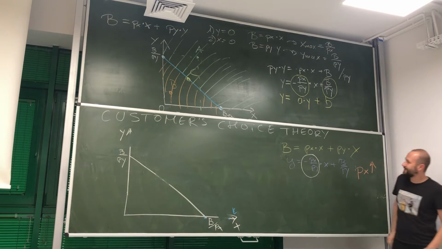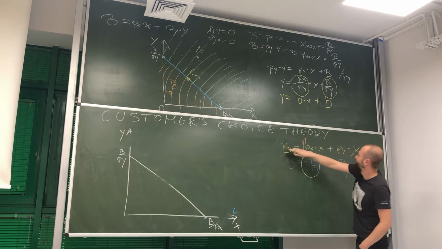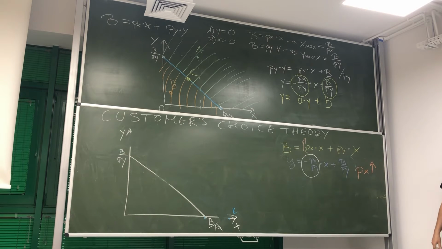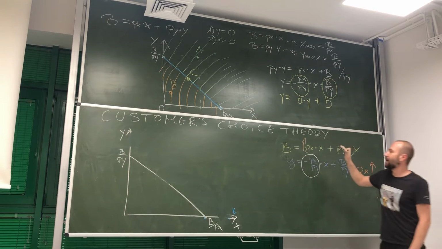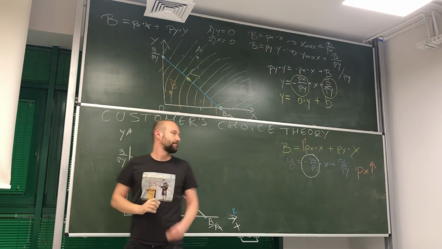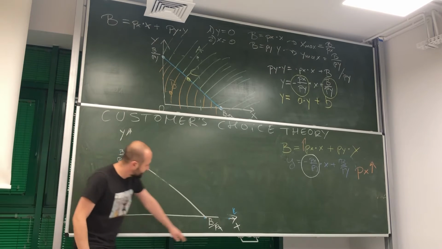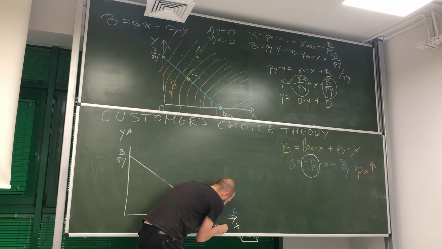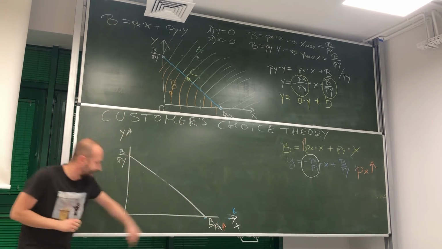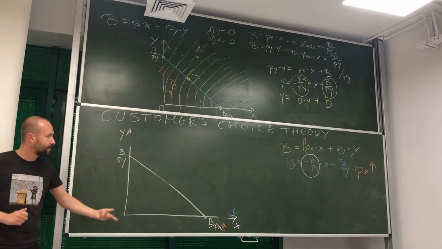Look, we clearly see that now, from the first equation, a customer can afford less of good X, right? But it also means that here we will be dividing by a bigger number.